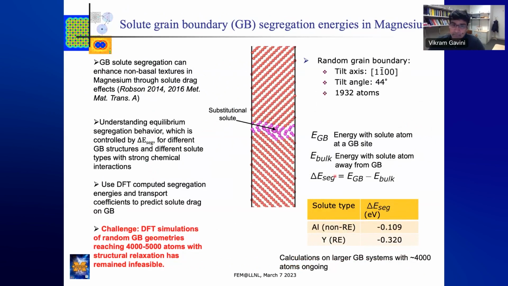Another aspect of improving ductility is being able to enhance non-basal textures in grain boundaries, that is, trying to make sure that the grain boundary does not rotate to becoming predominantly along the basal direction.